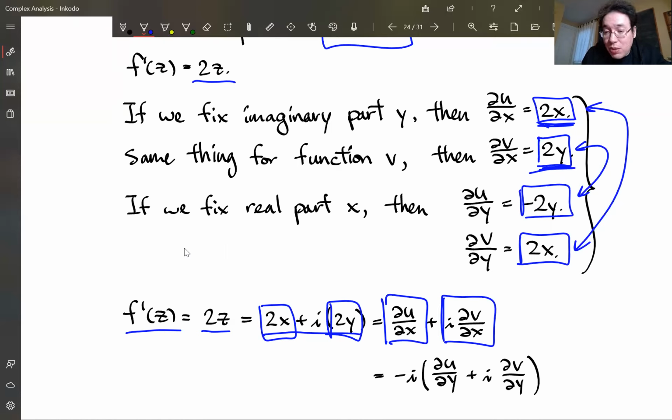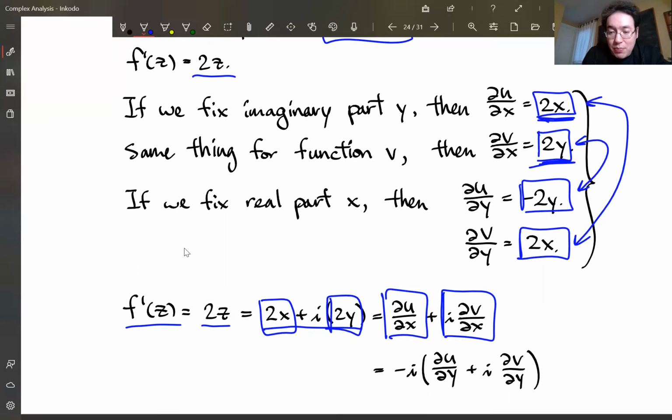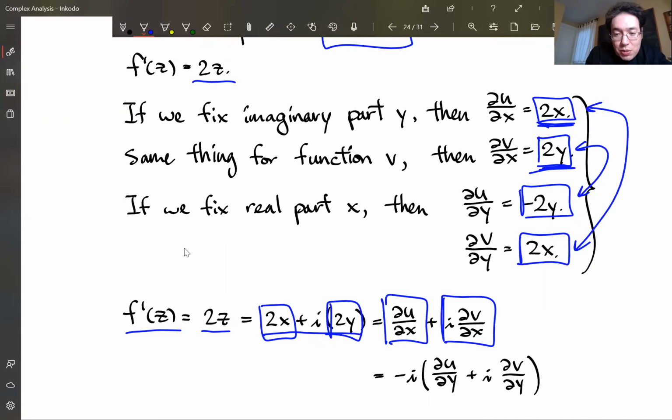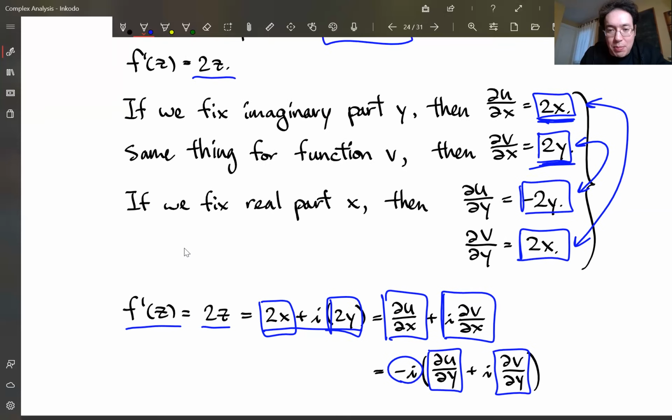But then again, we could also rewrite this. It could also be written as the derivative of u with respect to y plus i times the derivative of v with respect to y, but then with negative i in front. I'll explain how I got this in a minute.